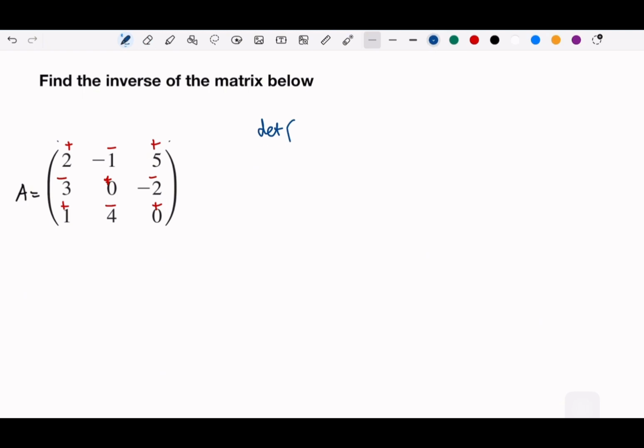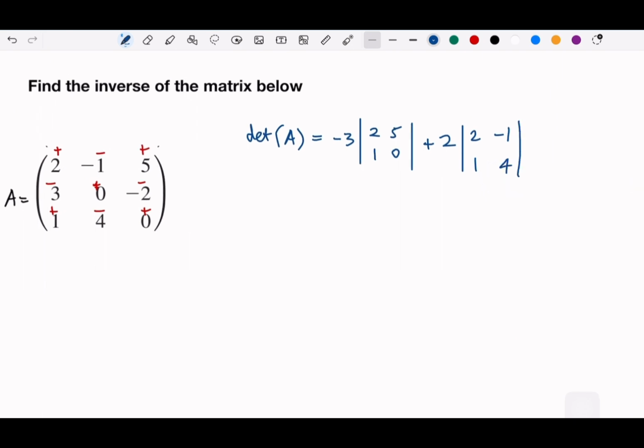So determinant A is equal, we'll start with -3, and then 0, and then +2.